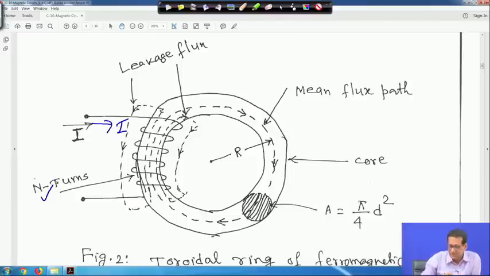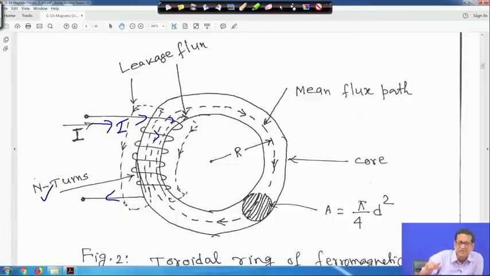Here, the first thing is that the leakage flux path is also shown, and this is the mean flux path. Now, the question is about the coil: you wrap the coil like this, you grasp the coil like this, the current is entering here, and finally the current is leaving.